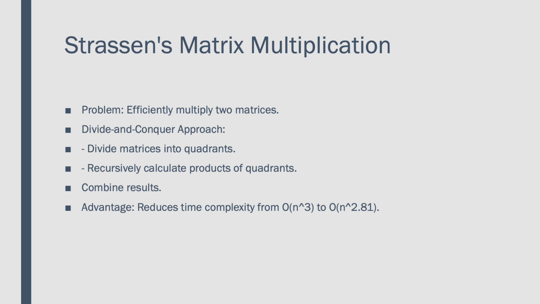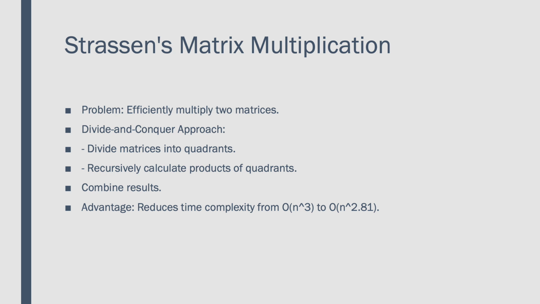Now, the traditional approach for multiplying two n by n matrices has a time complexity of O(n^3), which becomes inefficient for large matrices. The divide and conquer approach in Strassen's algorithm improves performance by breaking matrix multiplication down into smaller sub-problems.